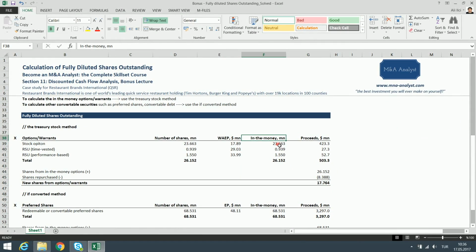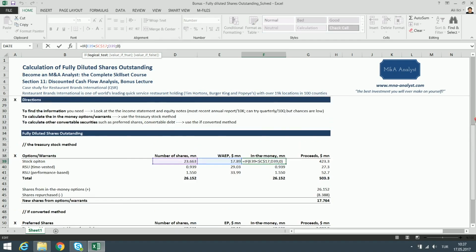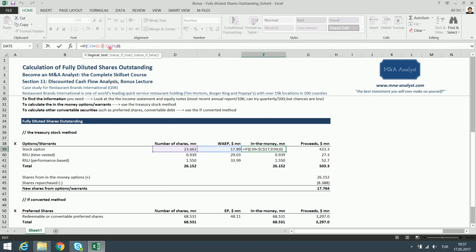So in the money stock options are found by this calculation. Stock options or warrants become in the money when the stock price exceeds the exercise price. As you can see here, we wrote this formula and we said if the weighted average exercise price of the stock option is below the current share price, then yes, these stock options are in the money.